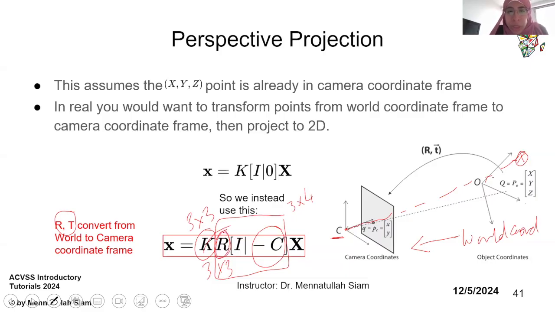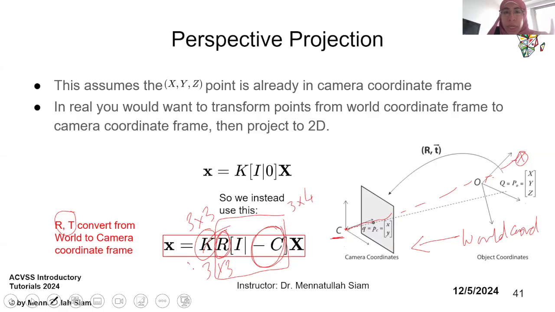you can think of the rotation and the translation corresponding to the camera coordinate system itself as the extrinsics of the camera. Extrinsics, because they are external properties of the camera: where the camera is located is an external property with respect to some world coordinate.